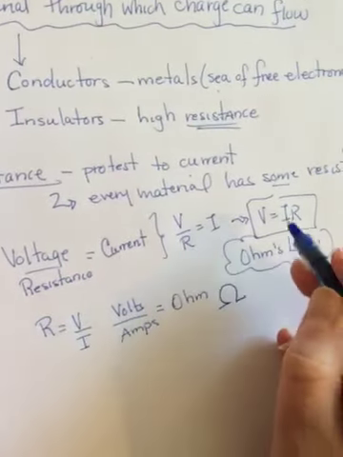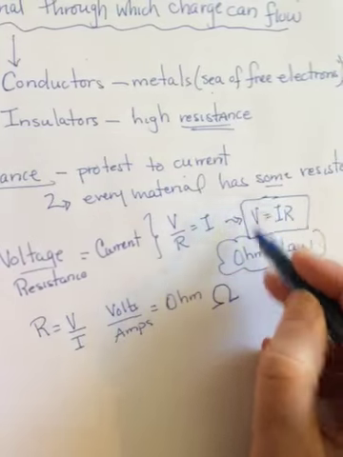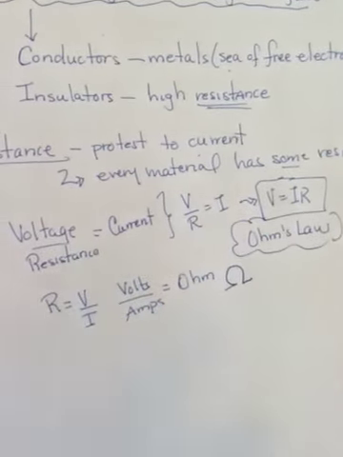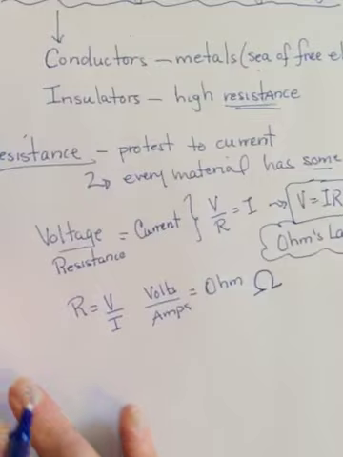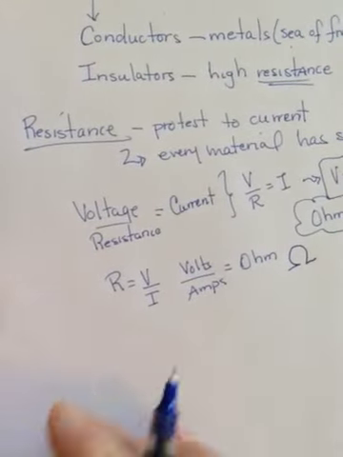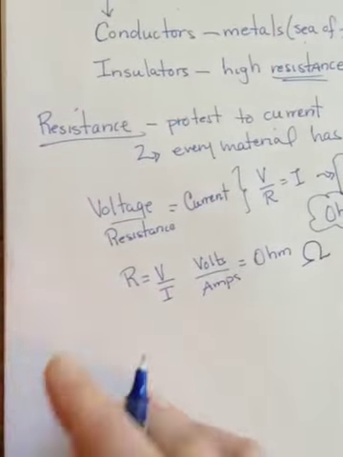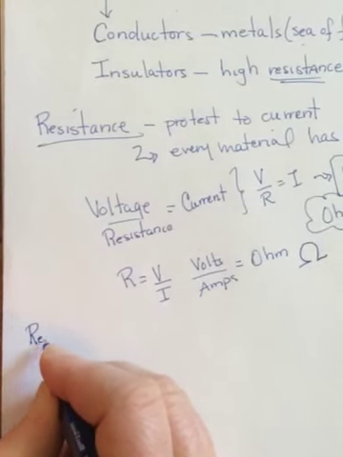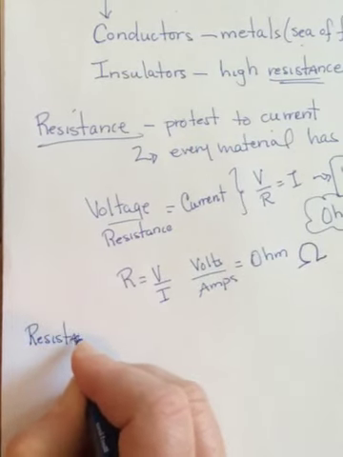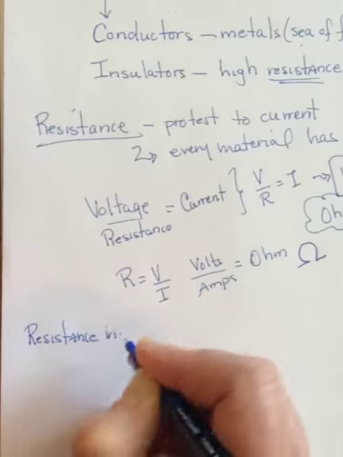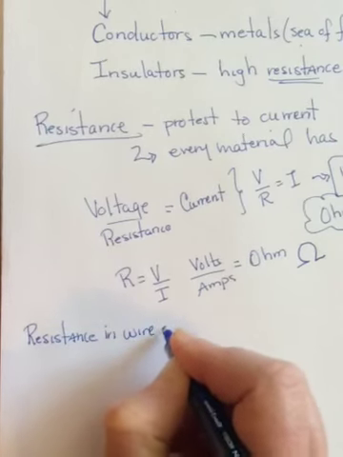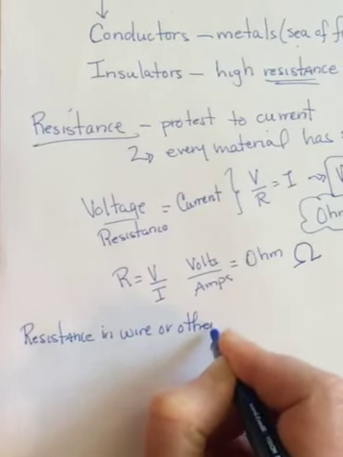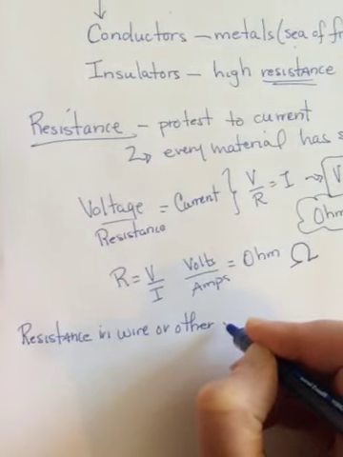Okay, so this is Ohm's Law, and some of the questions you will be doing will be with Ohm's Law, and they should be pretty straightforward. But I want to talk for a few minutes about the resistance in a wire or other material, so what you're creating your circuit with.